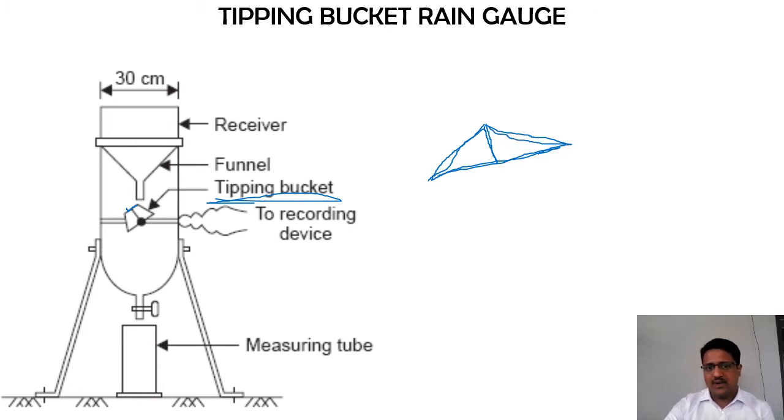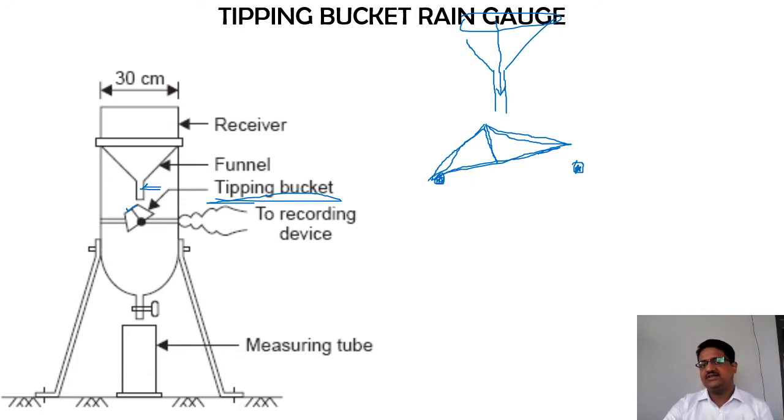Now whenever the funnel is there, I'll just draw that funnel. So, this is its funnel. Whenever water from the rim comes through this funnel and drops in, here we usually have something called stoppers.